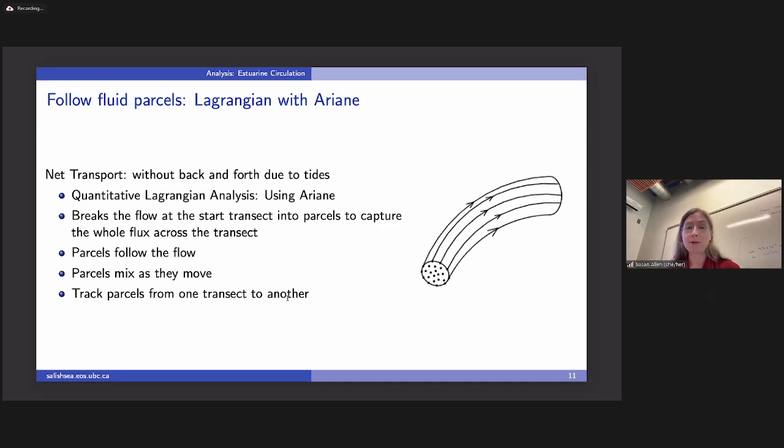The parcels absolutely follow the resolved flow of the numerical model, and they mix as they move. So any of the subgrid scale mixing actually changes the salinity, temperature, and anything else in the parcels. And we track parcels from one transect to another.